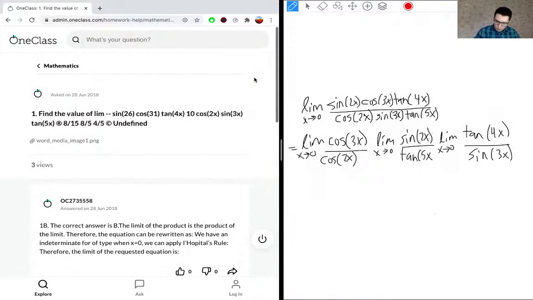And now we're going to use L'Hopital's rule. So for the first limit, we don't really need L'Hopital's rule. It's just 1 over 1, because cos 0 is just 1. And then the second one will have the limit of x to 0. So the derivative of sine 2x will be 2 cos 2x.